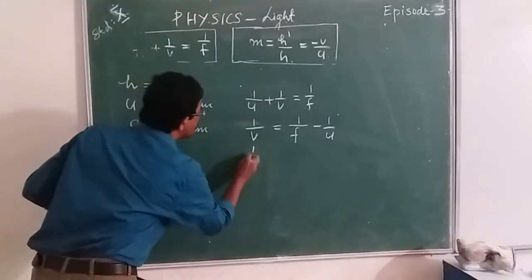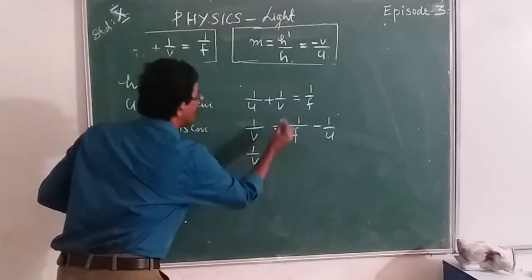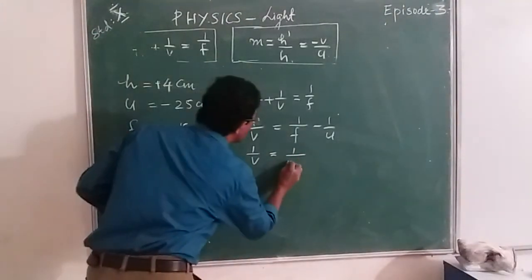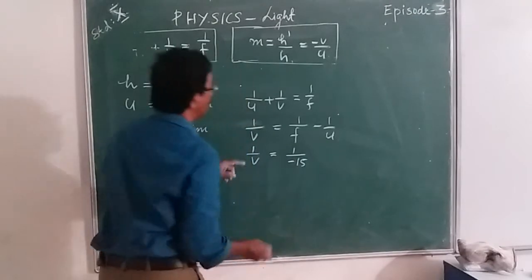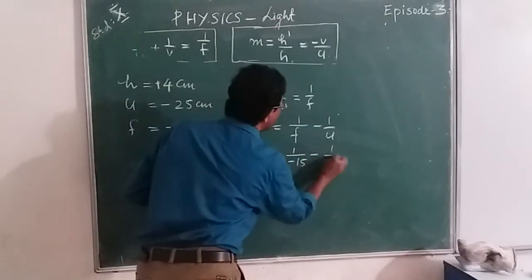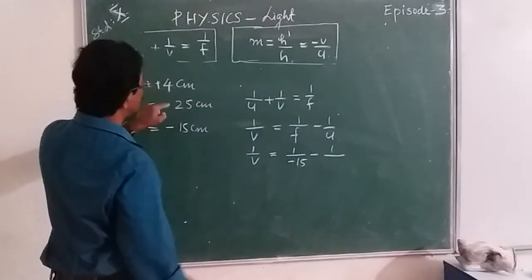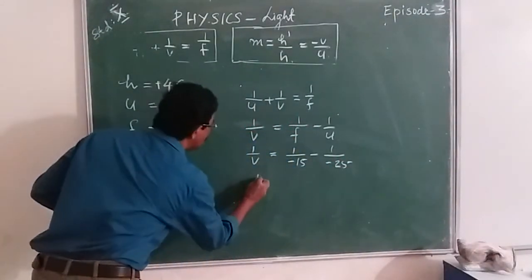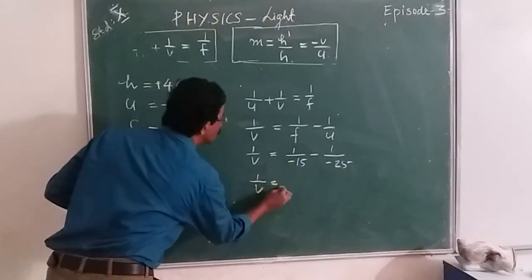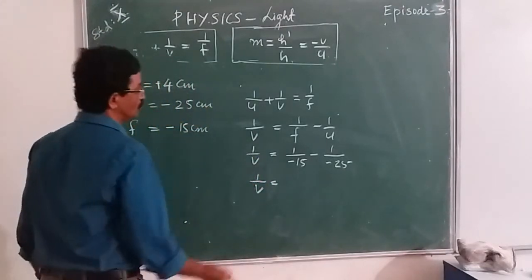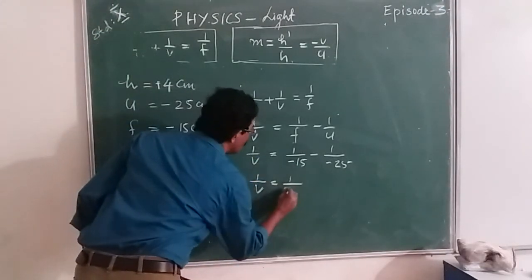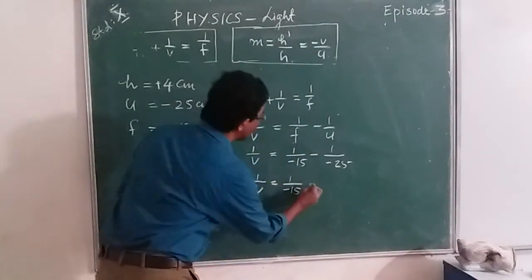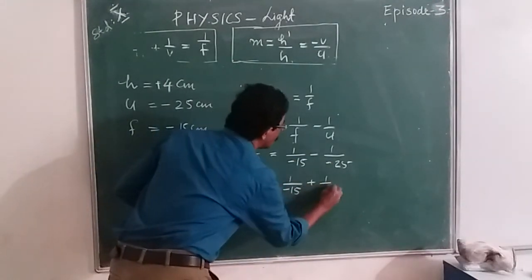See, 1 by v is equal to 1 by f. 1 by f, how much? Minus 15. And minus 1 by u. U is how much? Minus 25. See, 1 by v is equal to 1 by minus 15. Minus by minus, this term becomes plus 1 by 25.